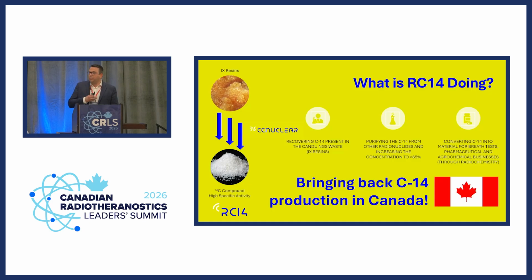So we're reducing the impact of that carbon-14 already produced by the nuclear industry that is piling up as a waste, and we're turning that into a very good way to replace Russian and Chinese production and bring back that expertise that we had back when the Chalk River reactor was running.